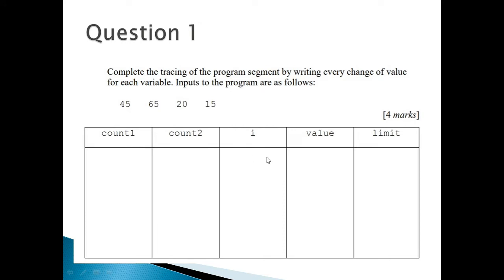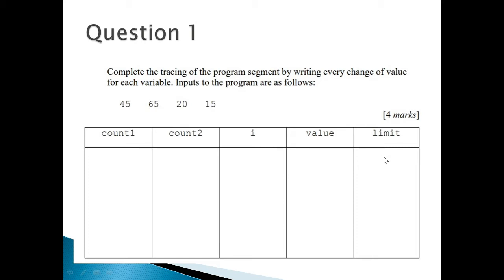Then this is the input part. Which one is value and which is limit? We have a collection of input here. So 45 will be the value and 65 will be the limit. How do I know it's 45? It's not 4 for value and 5 for limit.